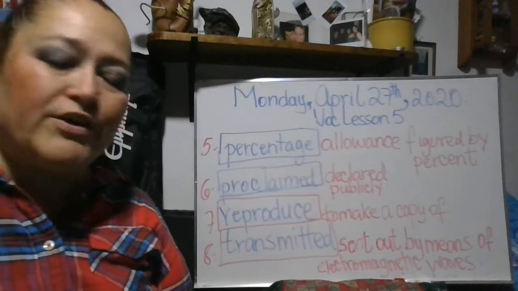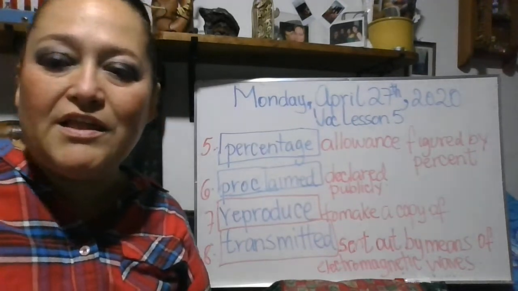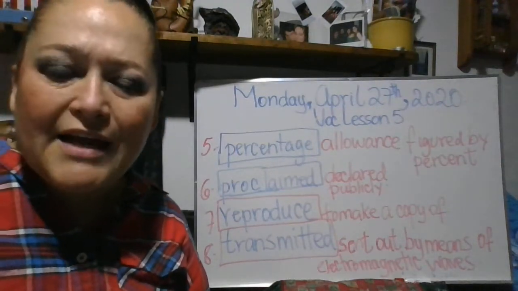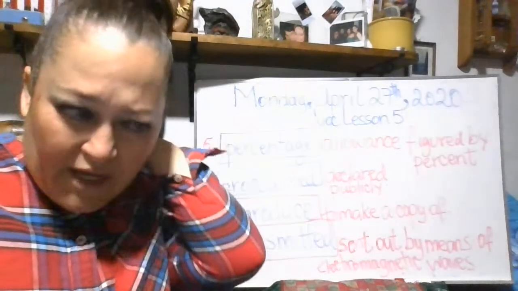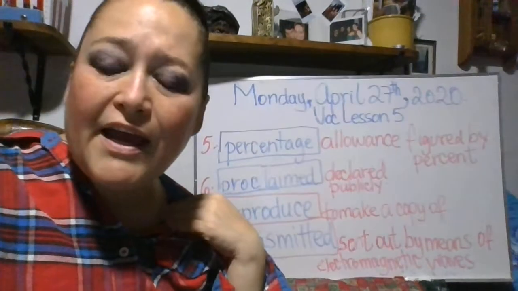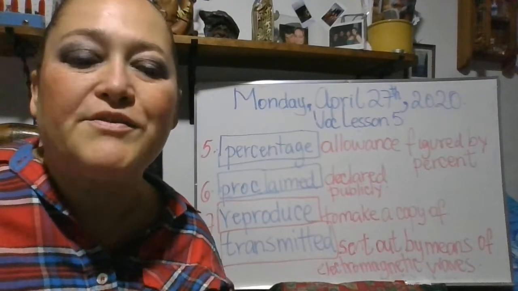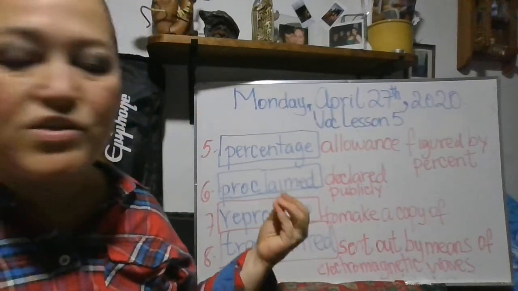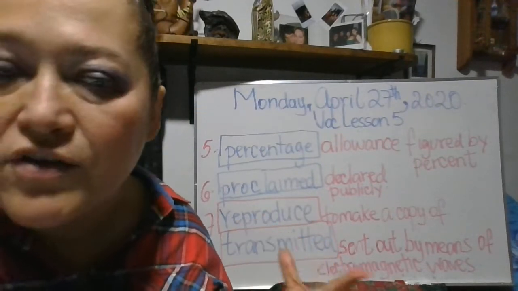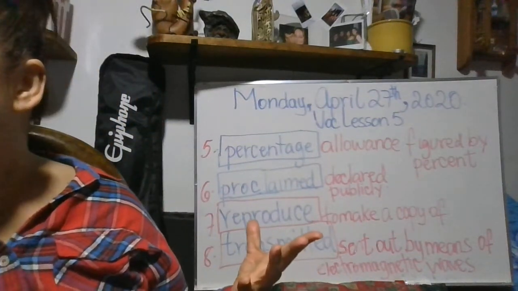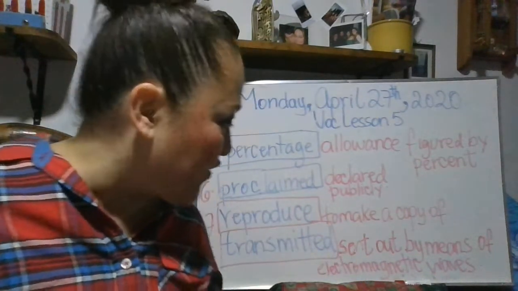So the word transmitted is in the story. So maybe you can write a sentence, and a synonym of transmitted is to transmit. That means transmit is to conduct, to convey, to sort of like to spread, to transfer.